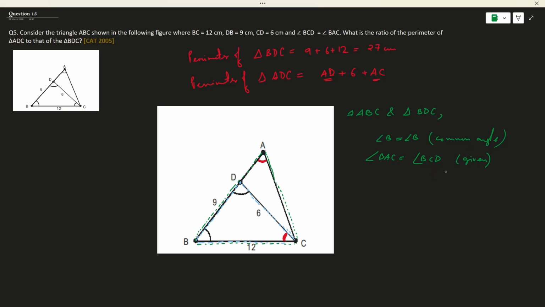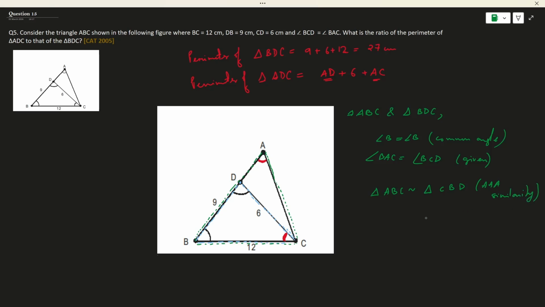So the two triangles are similar. But remember the order is very important. If I am writing triangle ABC is similar, then I have to mention angle A with angle C, so C will come first, B is the common angle, and then CBD, by angle similarity.